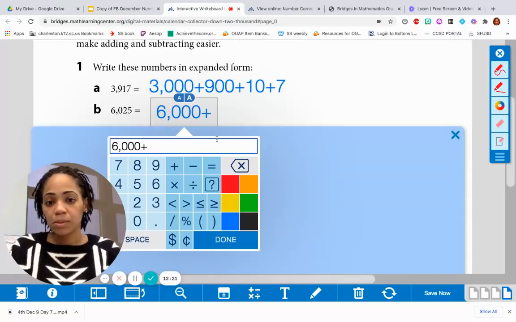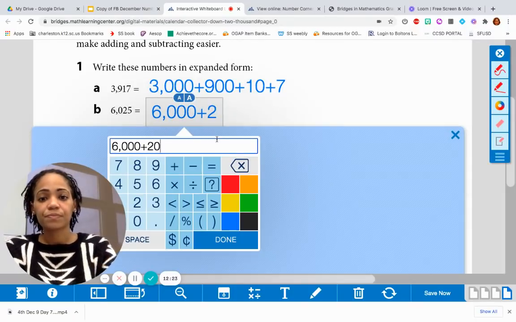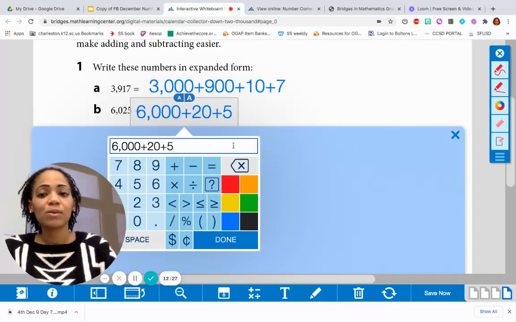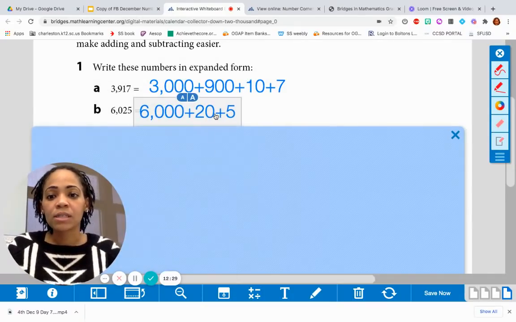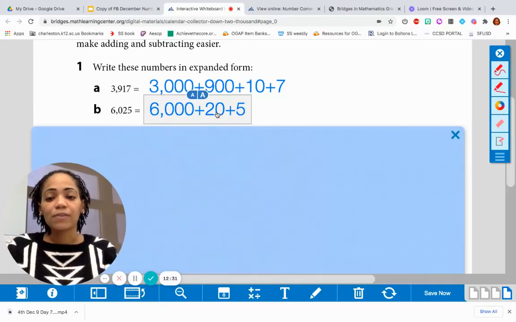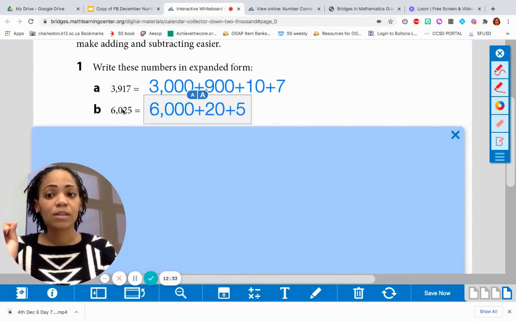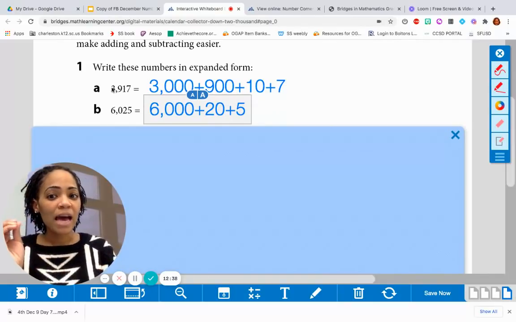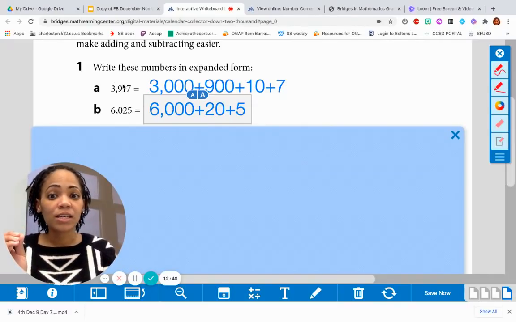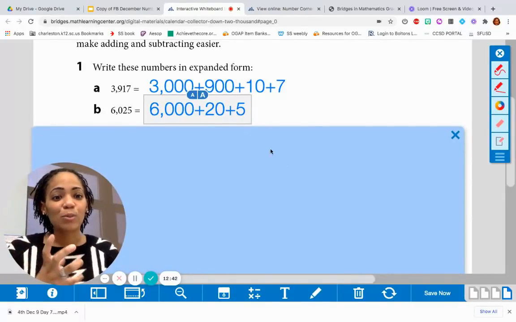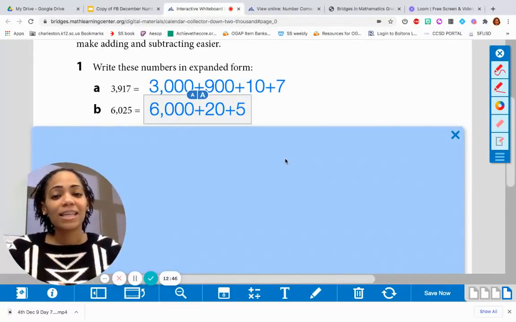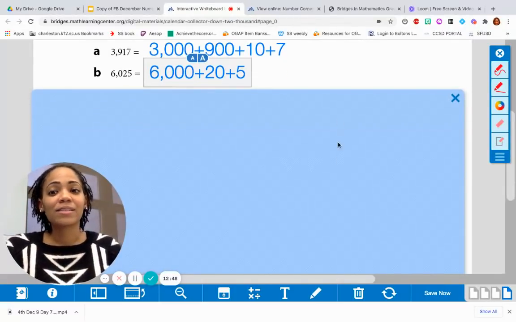The 2's in the tens place, which is worth 20. And then the 5 is in the ones place, so it is just 6,000 plus 20 plus 5. If you listen to the number, it says 6,025. Kind of gives you a clue. Or 3,917. That's where it gets a little more tricky because you don't hear the 10 and then the ones. But the other ones, very simple.